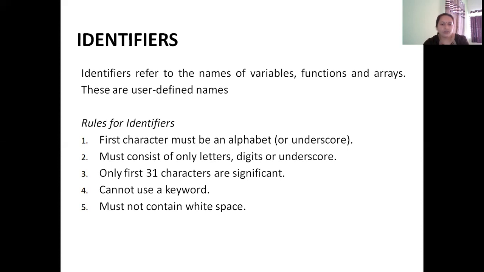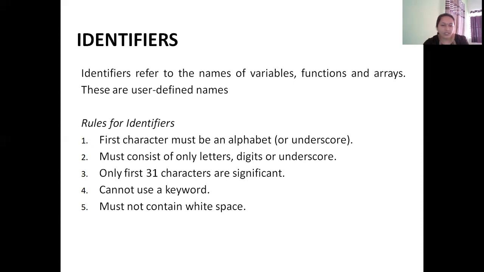The first rule is the C identifier should consist only of letters, digits, and underscores. It should not contain any other special symbols apart from underscore. The first character of the identifier should always be an alphabet or underscore. The identifier in C cannot start with a digit.